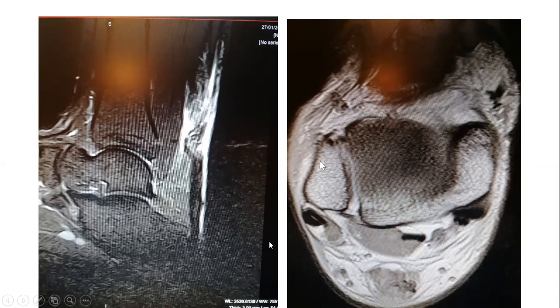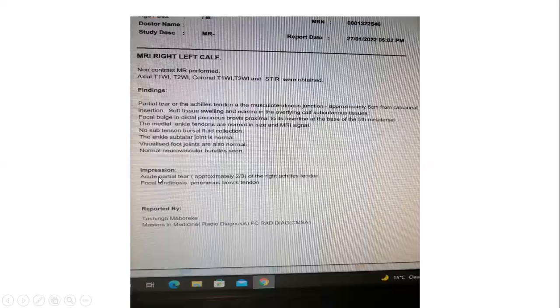As we'll see on the report later, I put the report here. My radiologist wrote that it was an acute partial tear. So normally, if your radiologist says an acute partial tear, then the non-surgical route could be the best route.